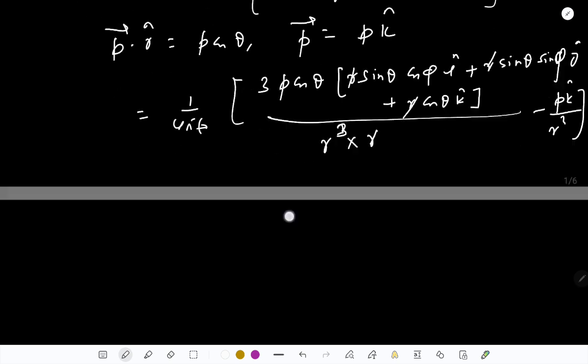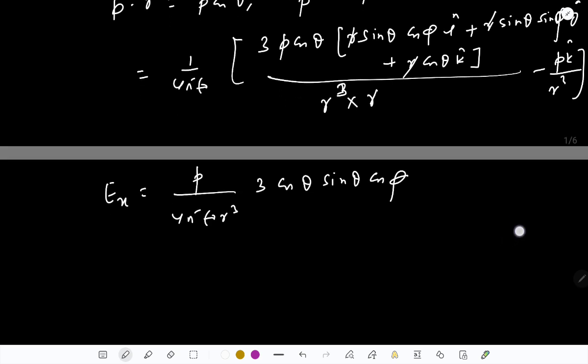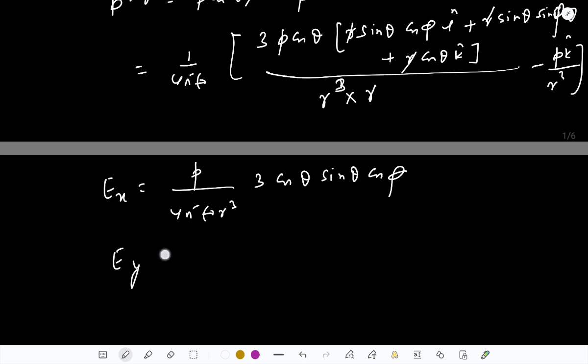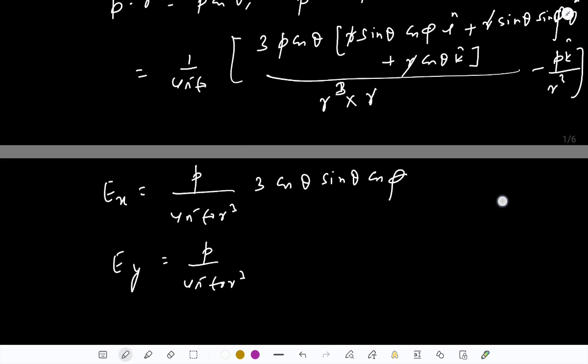Just considering these things, you will get one of the most important results. Ex can be written as p by 4 pi epsilon naught r cube times 3 cos theta sin theta cos phi. Ey you can get as p by 4 pi epsilon naught r cube times 3 cos theta sin theta sin phi.